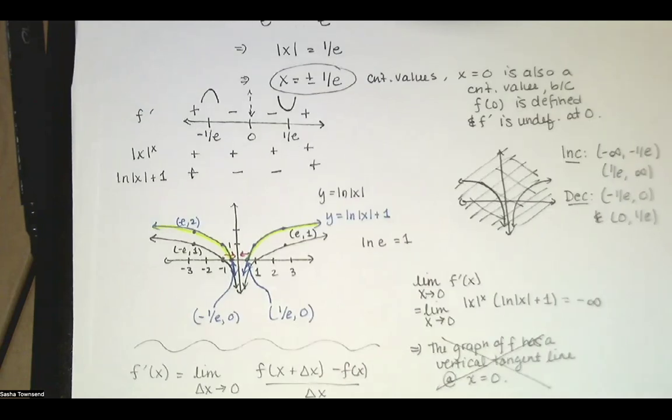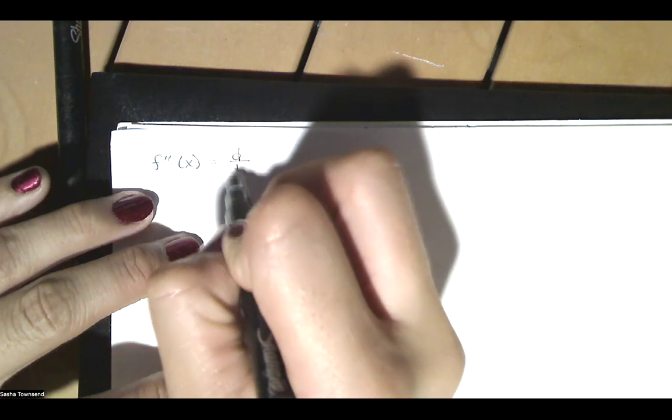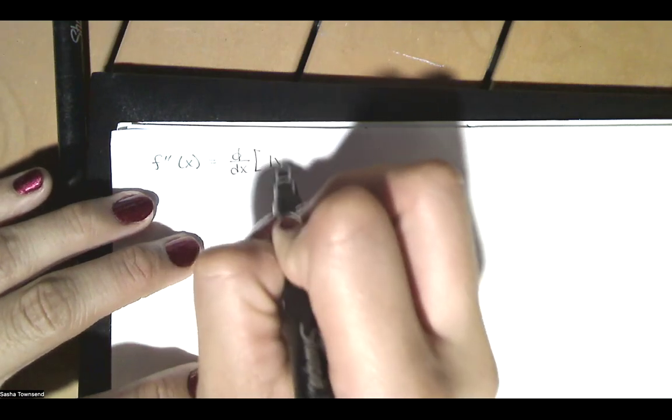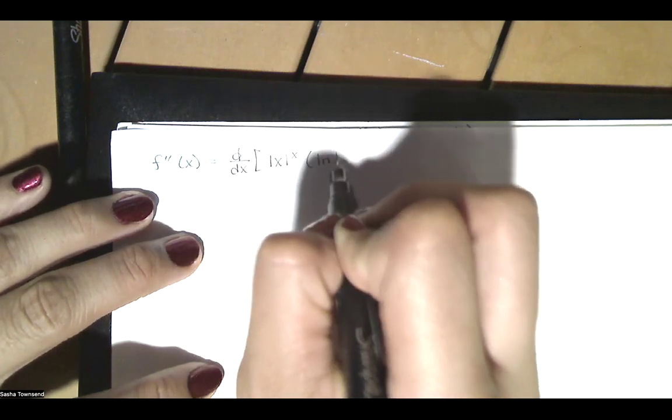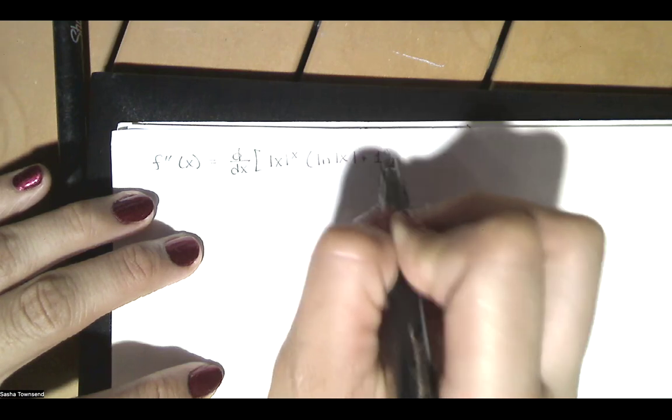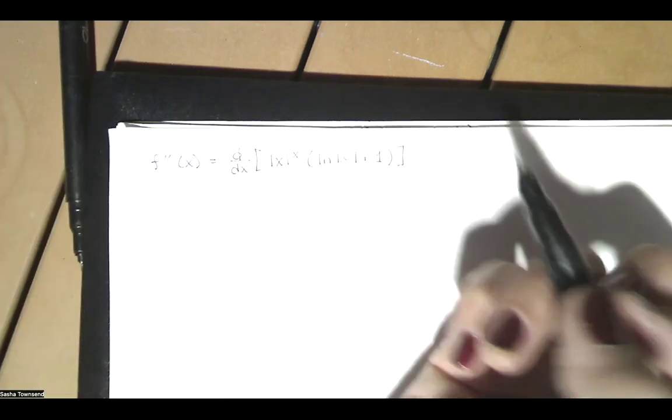Let's look at the second derivative to find points of inflection. The second derivative is just the derivative of the first derivative. We want to find that second derivative. We will use the product rule again.